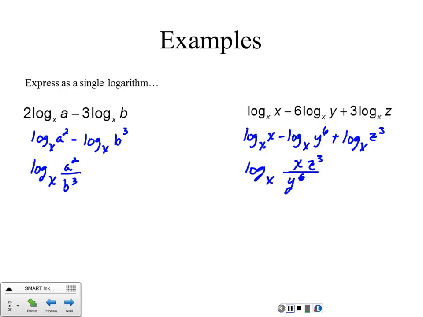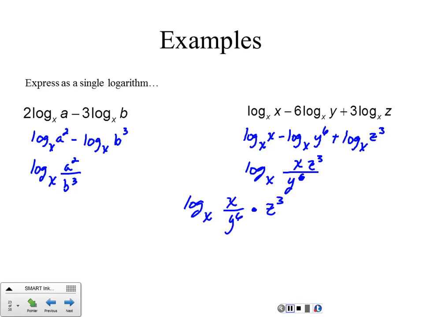Very good. So you're going to have log base x as a single log, and then you have x. The plus sign goes to the z to the 3rd, so that's going to be multiplied by, and then over y to the 6th. Now watch, don't get lost on this. So if we write this, you're going to have x, and you know that that division sign is y to the 6th, and then that addition sign says we're going to multiply z to the 3rd.